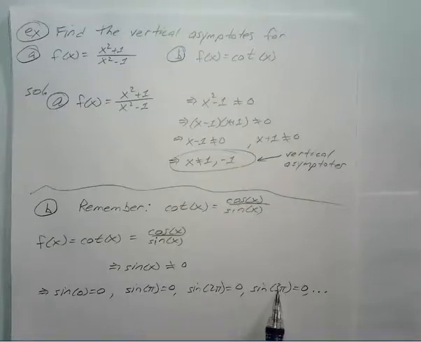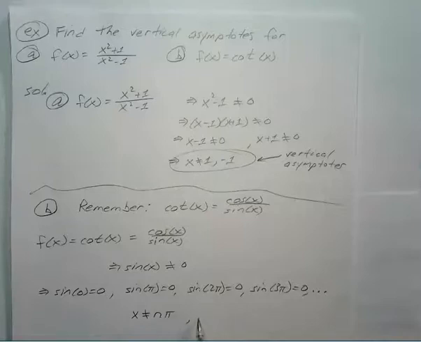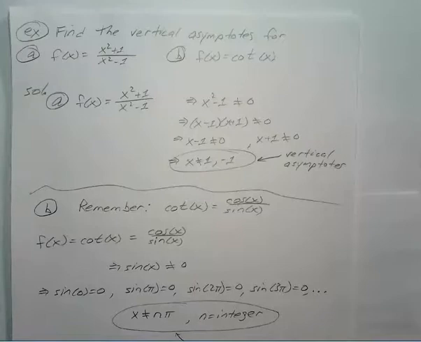Because remember, sine of negative 3 pi, negative 2 pi, and negative pi are also 0. So in other words, x can't equal n pi, given that n is an integer. Okay, so these would also be your vertical asymptotes.